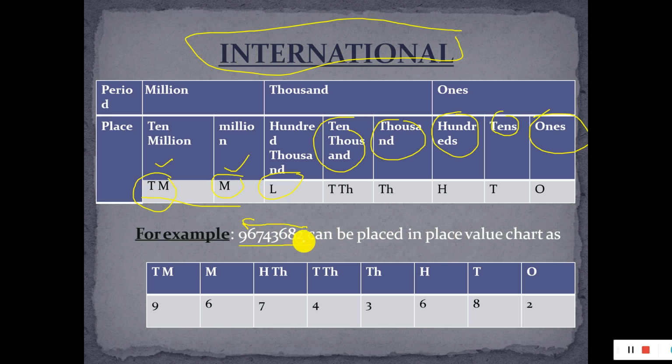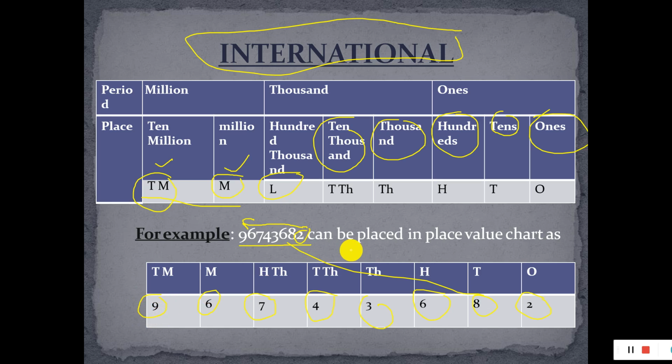So first is 2 in the ones, next is 8 in the tens, next is 6 in the hundreds, next one is 3 in the 1000s, and next 4 in 10,000s, next 7 in hundred thousands, and next is 6 in million, and after that 10 million.